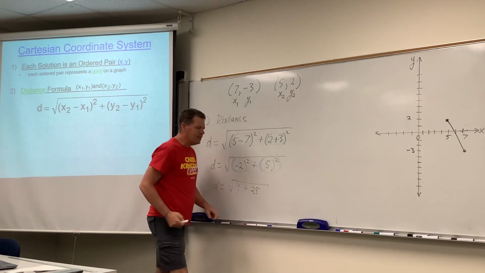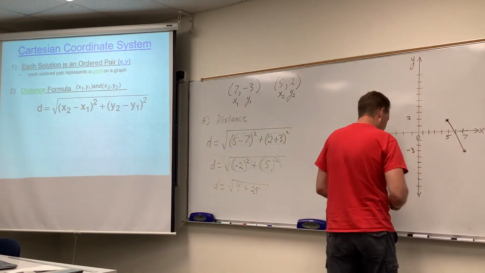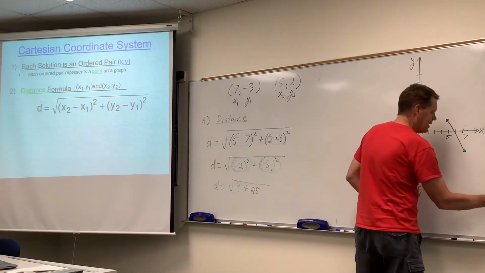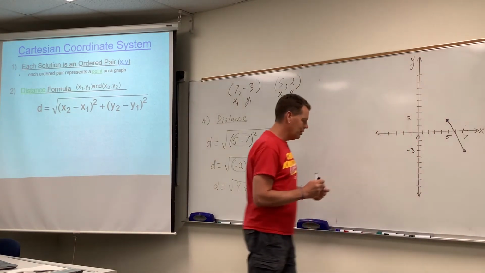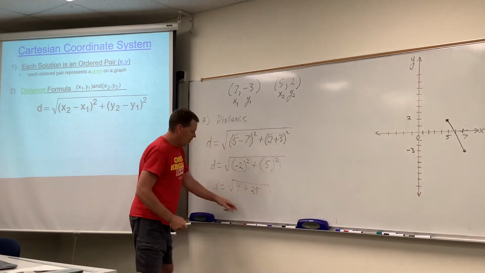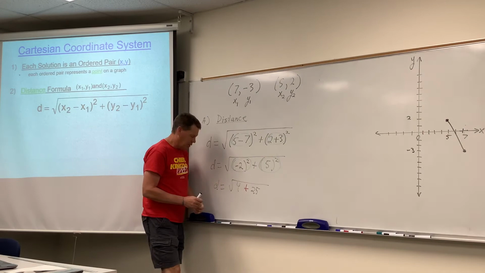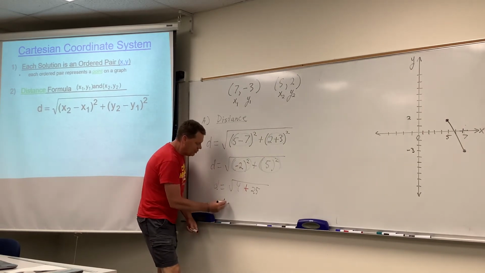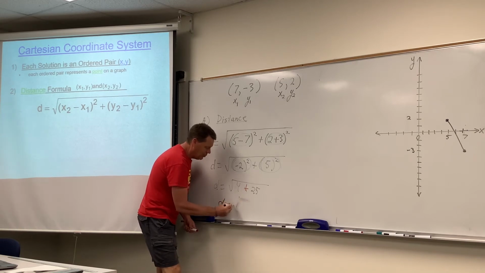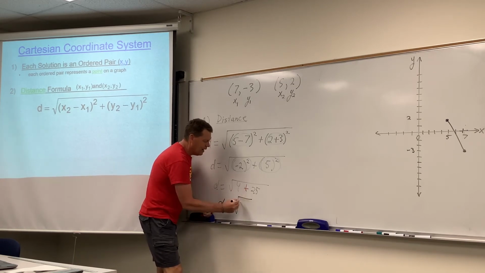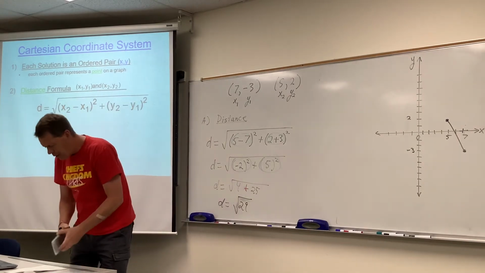What's tempting to do here a lot of times is that since both of those numbers are perfect squares, a lot of times folks want to drop the radical on top of both of them. But the thing is, addition prevents us from just taking the square roots of each individual number. So the proper thing to do is to go ahead and add them. And 4 plus 25 is 29. So these are exactly the square root of 29 units apart.